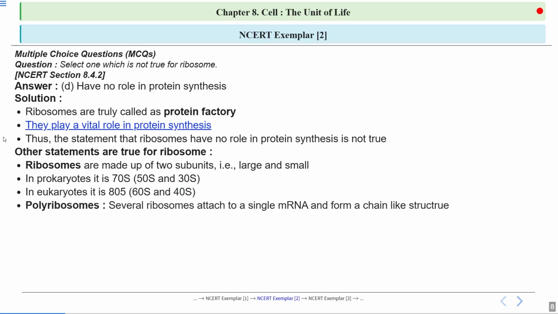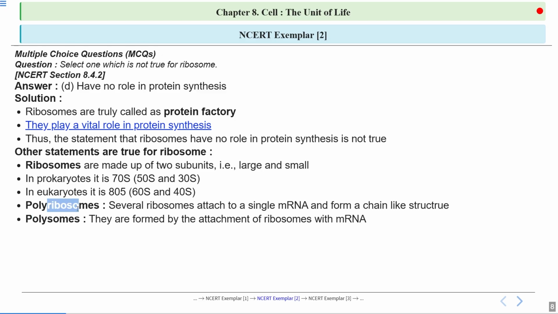Clear? Polyribosomes. So when multiple ribosomes attach to a single mRNA, this is known as polyribosomes. This can be seen in prokaryotes. Polysomes is also a synonym for polyribosomes. So both of these are correct actually. Polyribosomes and polysomes mean the same thing. The definition for both of them is the same, that multiple ribosomes are attached to the single mRNA.